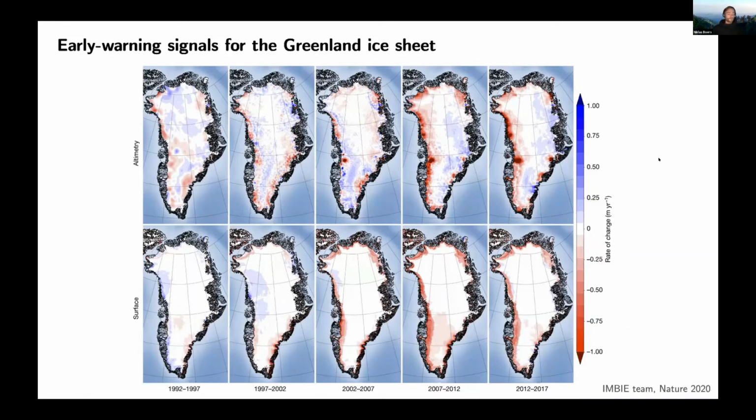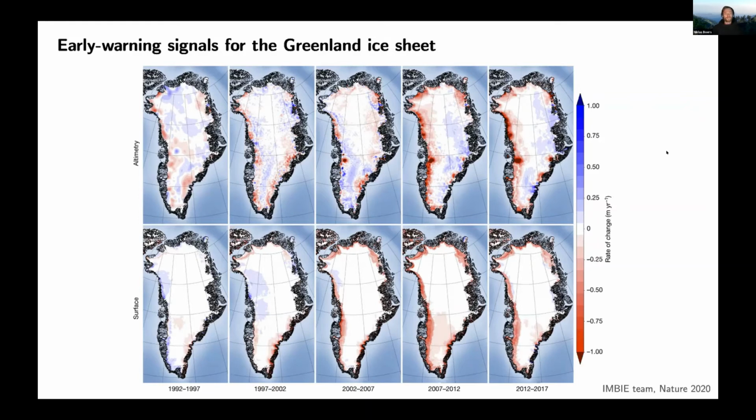There's always the concern that the melt elevation feedback might at some point kick in. With melt you have height reductions of the ice sheet, which, due to the atmospheric lapse rate, exposes the surface to even higher temperatures, and then you have more melt. So this is a positive feedback, and a concern for the Greenland ice sheet.